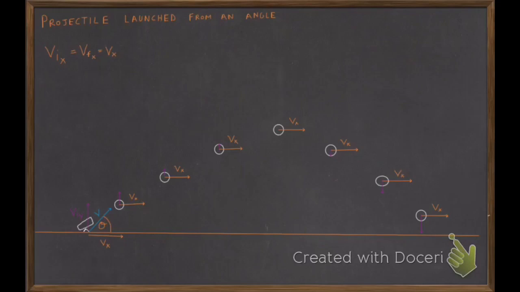So let's draw the trajectory and we'll do that in green. I'm going to draw the trajectory of this cannonball. So the trajectory looks like this. I'll do it right under the cannonball so you can see what the trajectory looks like.